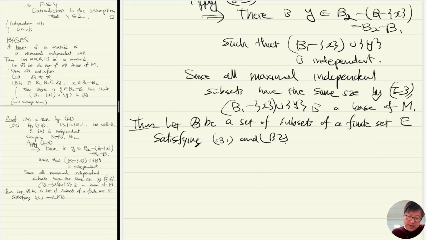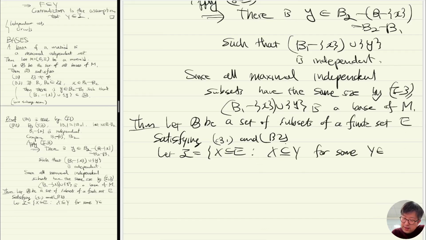Now we claim that, how do we define a matroid when you're given the bases? Let I be the set of subsets X of E such that X is a subset of Y for some Y in the bases. Then (E, I) is a matroid.